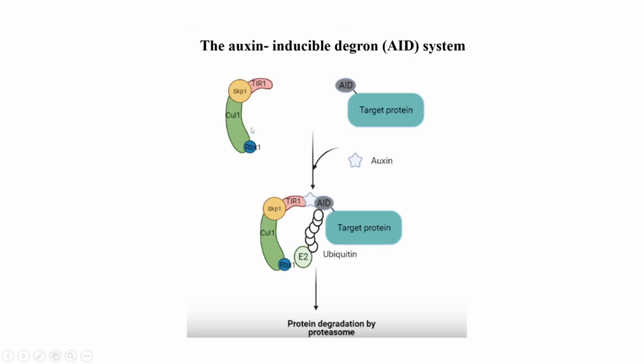So AID will only bind to this degradation component when auxin is present. Auxin will bridge these two protein components, AID and this degradation molecule. The role of this protein component is to add a ubiquitin onto this AID, onto the degron.